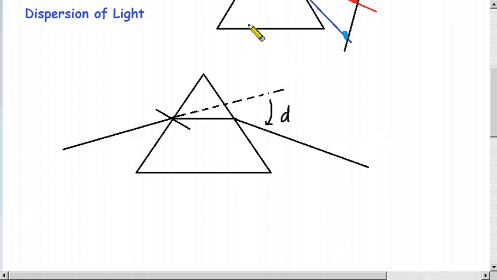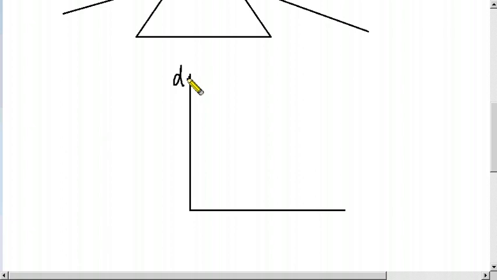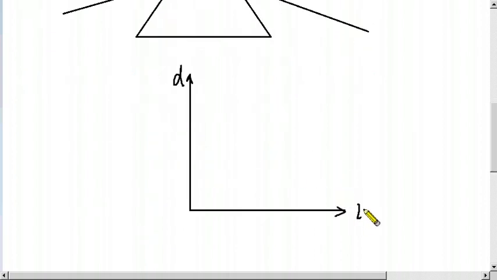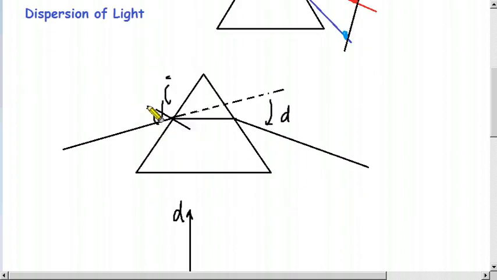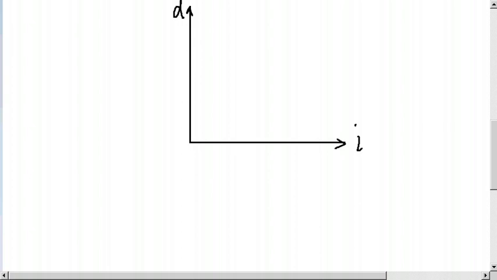That also changes. You must have learnt the graph, that we call the D-I graph or D-I curve. We take the deviation D on the y-axis and the incident angle I on the x-axis. When we change this angle, we measure the D value observed.